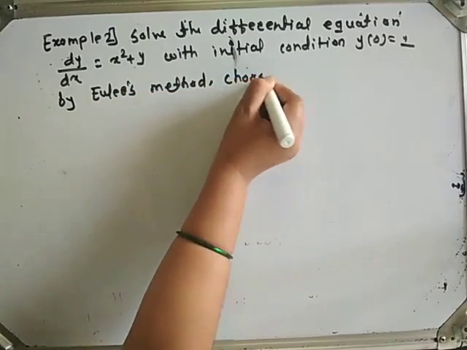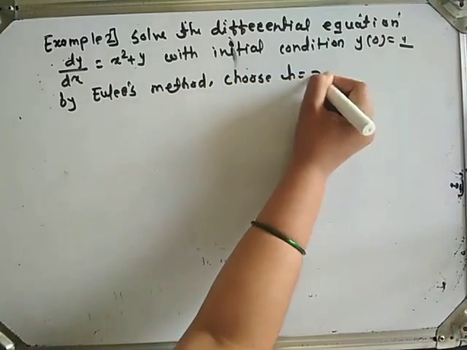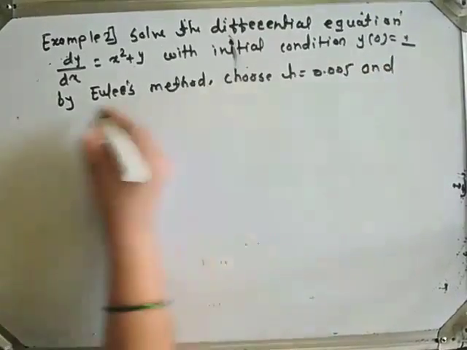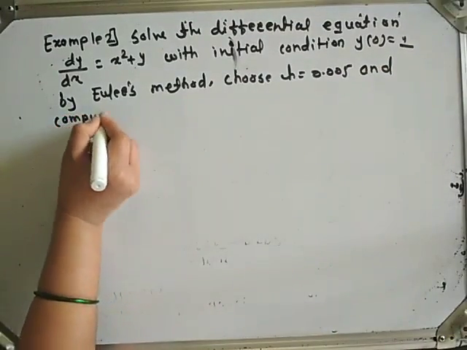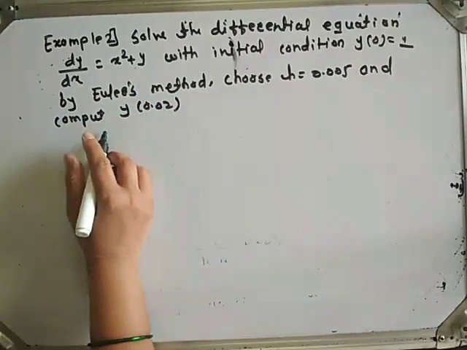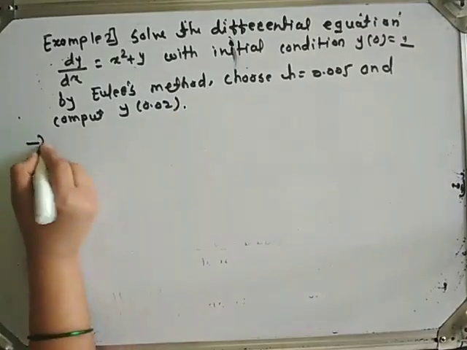Choose h equals 0.005 and compute y of 0.02.